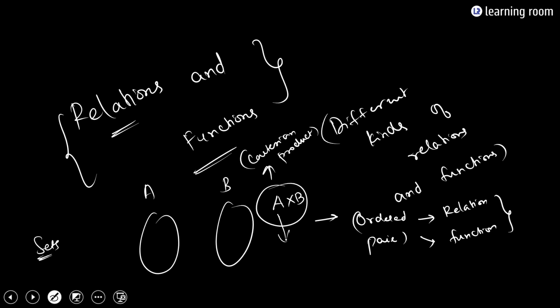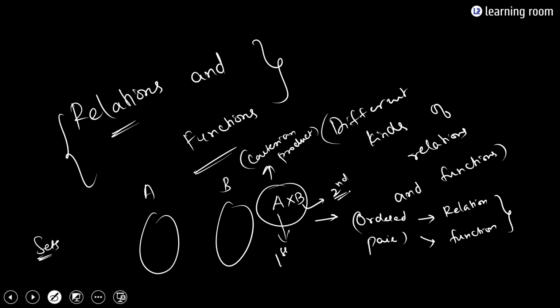If we need to understand function, first I'll come with the reverse. If I need to understand function, I need to understand what is the relation. If I need to understand relation, I need to understand what is an ordered pair. For me to understand ordered pair, I need to know what is Cartesian product, for which I need to know what are sets. So if I do A cross B, A is going to be the first set and B is going to be the second set, right?